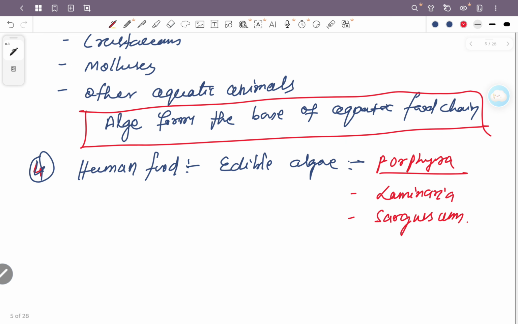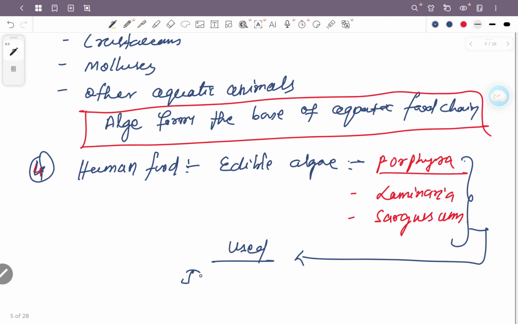Okay, and these three edible algae are used in Japan, China, Korea. So here they are used as food.